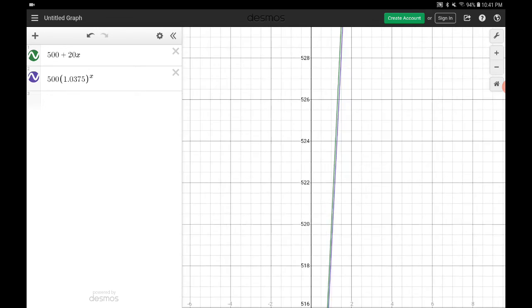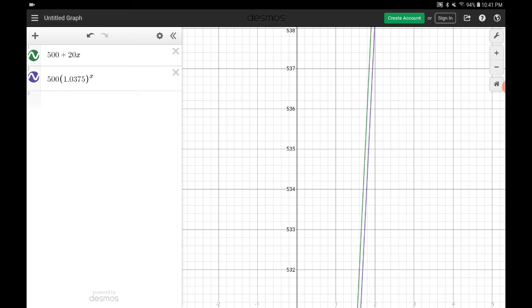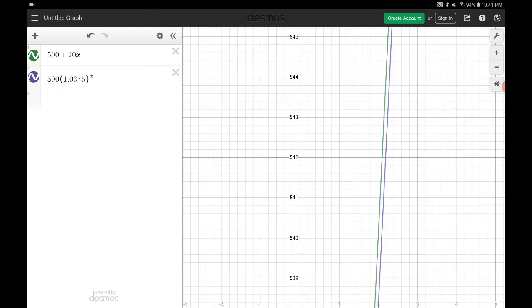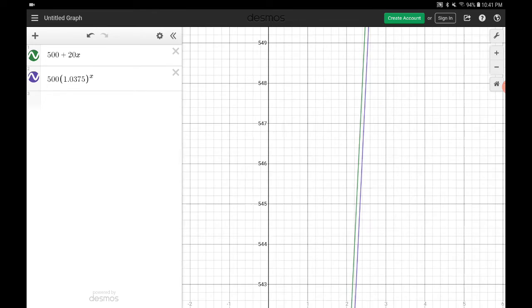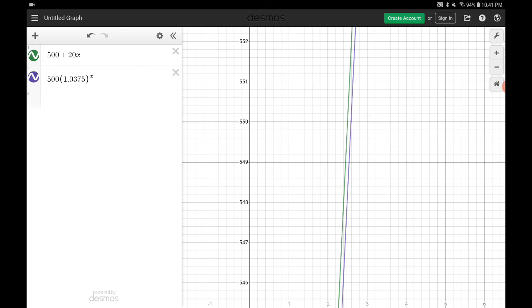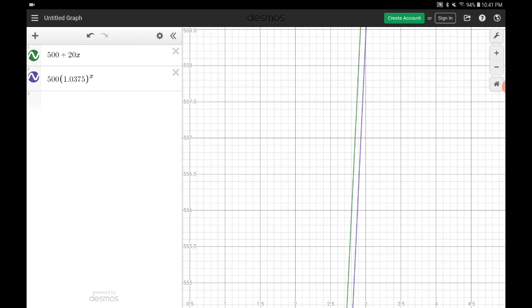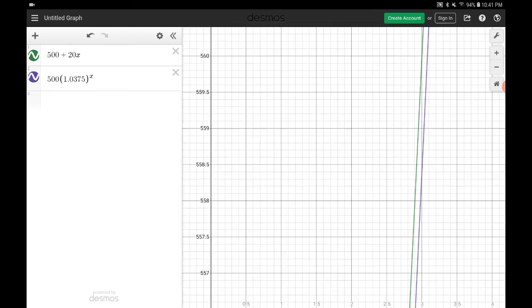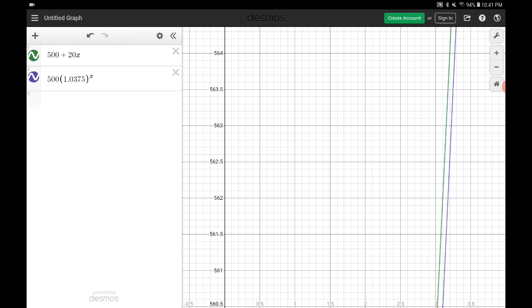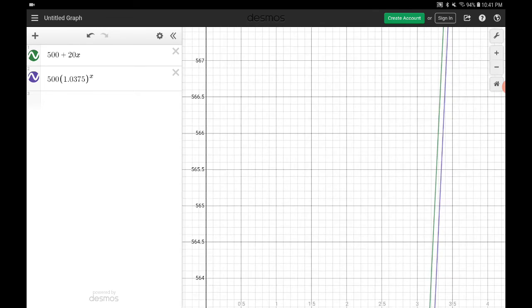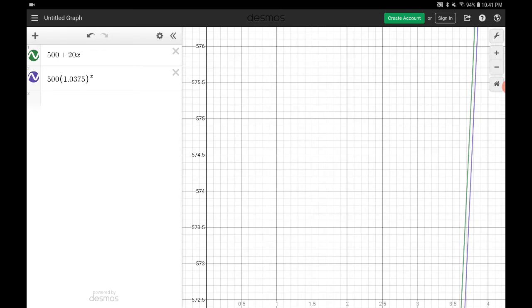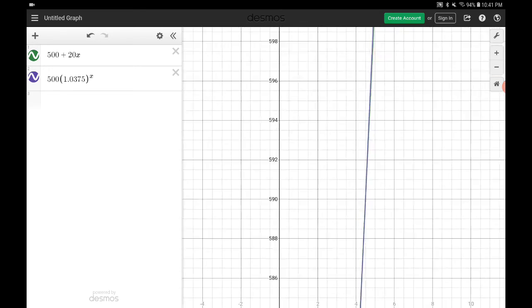But if you kind of scroll up and zoom out, you can see that your exponential is making quite a bit more money than your linear. So we'll still have $500. We got to get to that $600 point. Scroll up more.